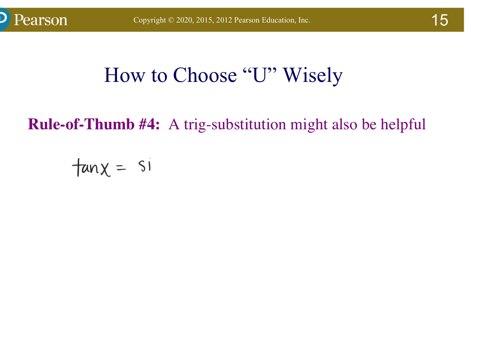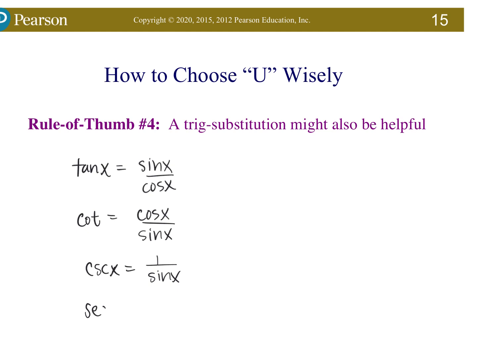Change tan x into sine over cosine, or change cotangent into cosine over sine, or change cosecant into 1 over sine, or change secant into 1 over cosine. So those are a few things when I'm saying trig substitution that might be helpful. So I'll show you one of those and then we'll be done.